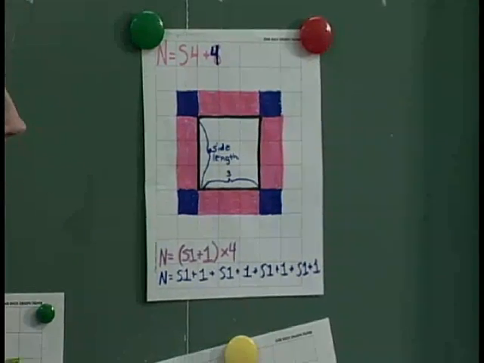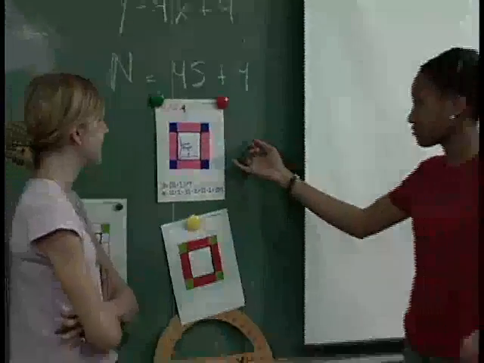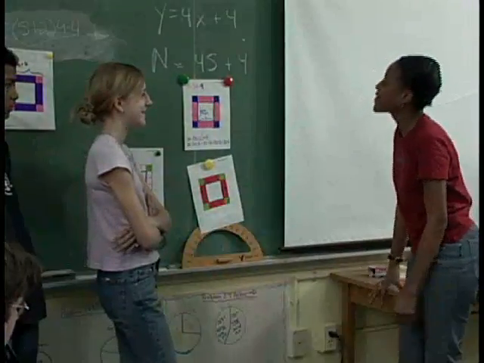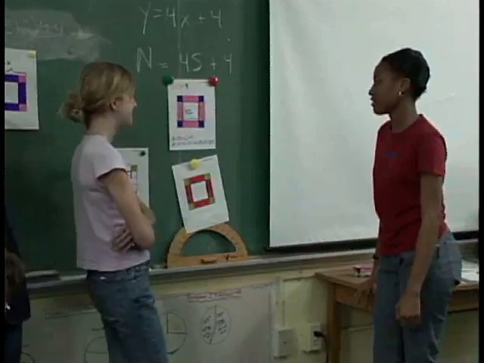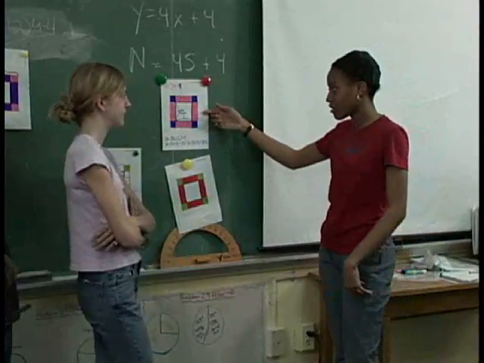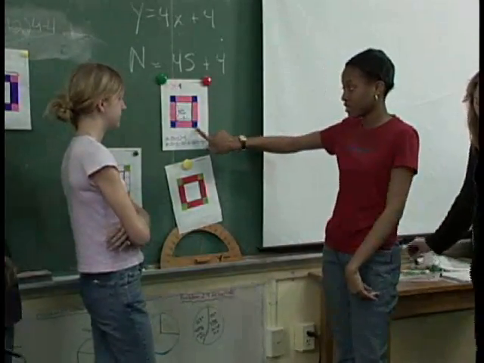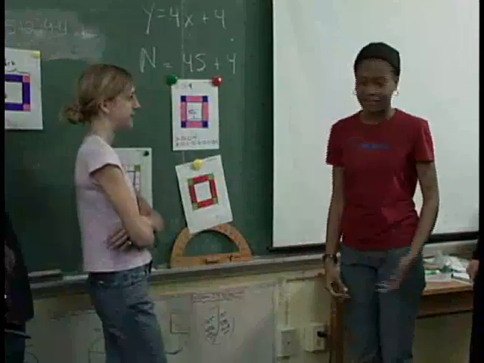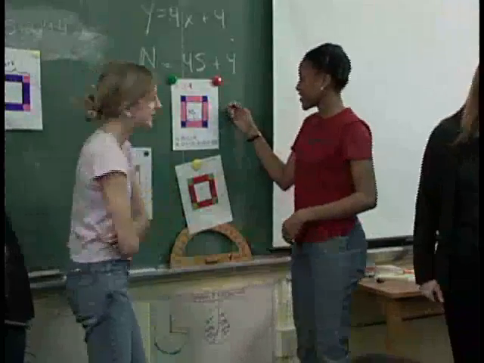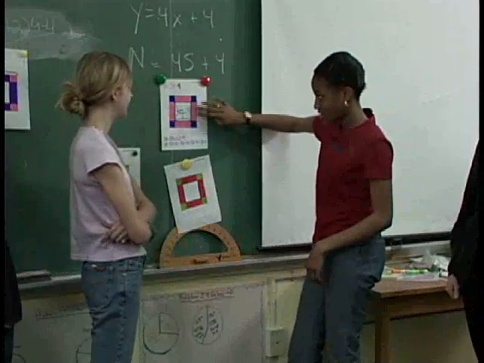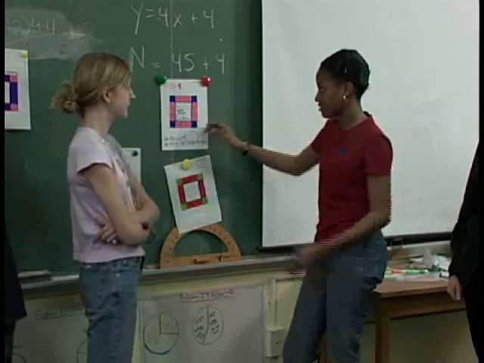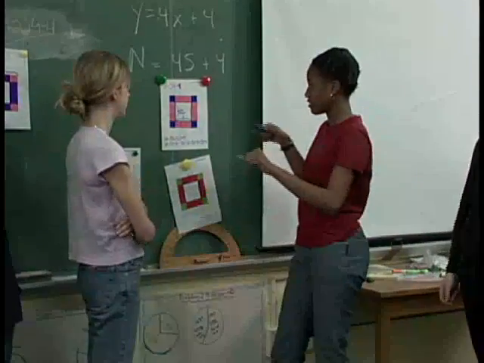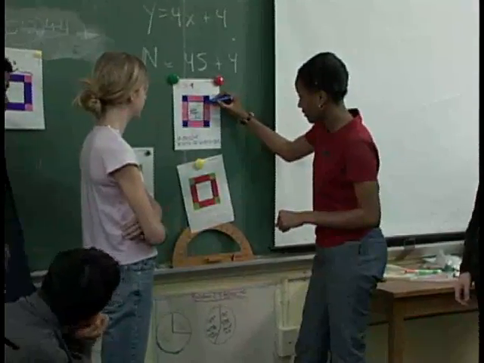And S1 plus 1 means that you have one side length, and then plus 1 of these, which is 4 more. Do you understand? You have one side length, which is 3 of these, plus 1 of the corner tiles. So it's like, why don't you group it?